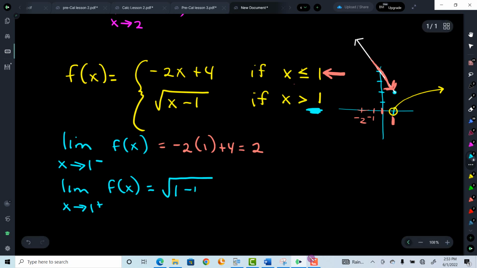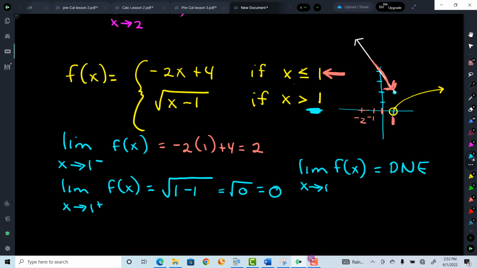So it'll be 1 minus 1, square root of 0, which equals 0. So what's the limit as x approaches 1? It does not exist because the limit from the left does not equal the limit from the right.